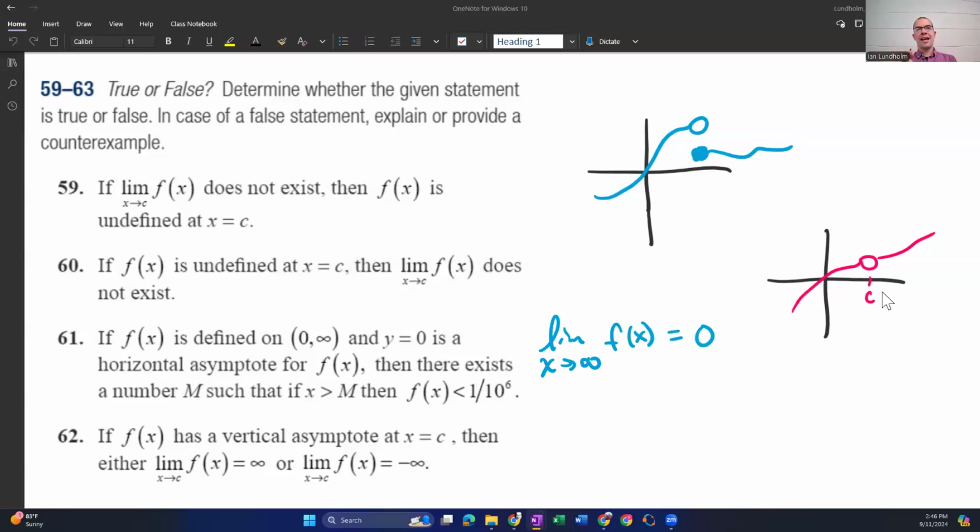What it means is that yes, there should be some number m such that if we go out far enough, we should be able to duck under y equals 1/1,000,000th. Now, this would be very, very zoomed in, but let's pretend that this is y equals 1/1,000,000th.